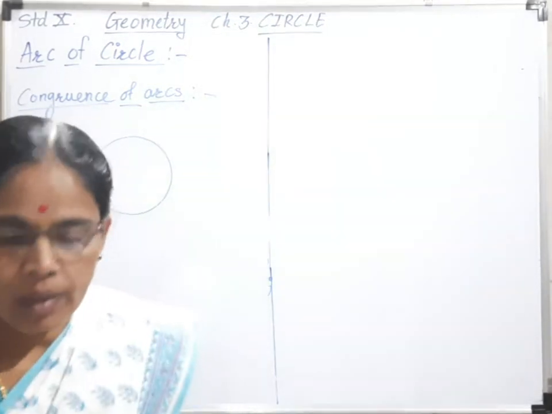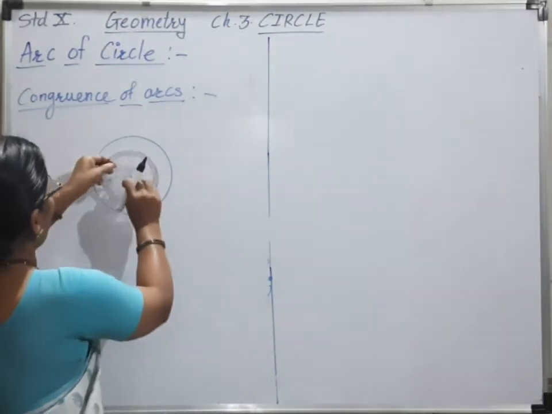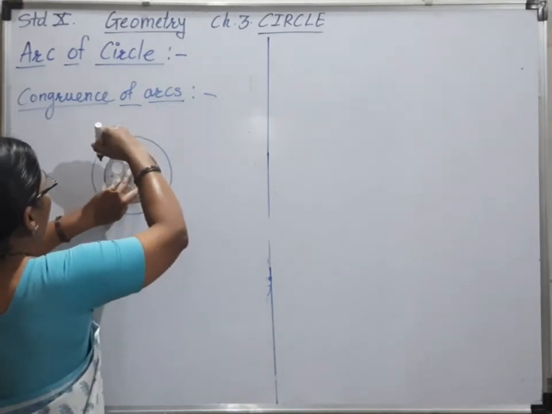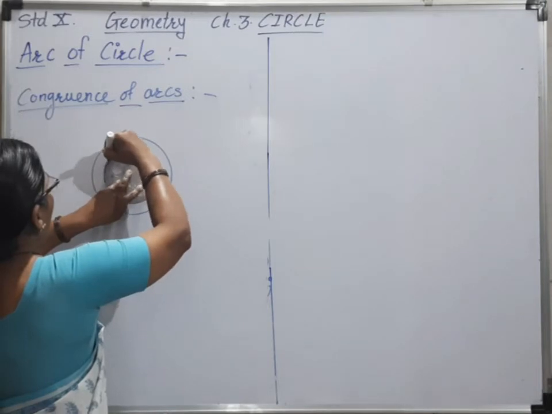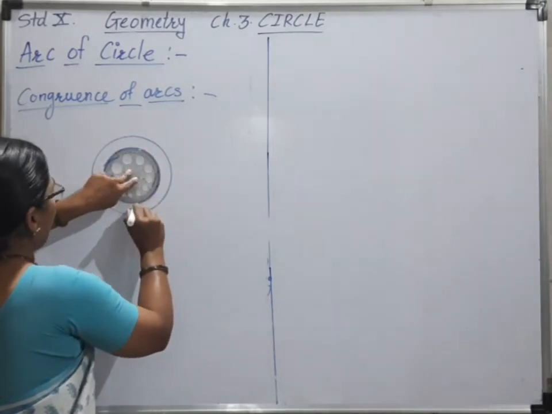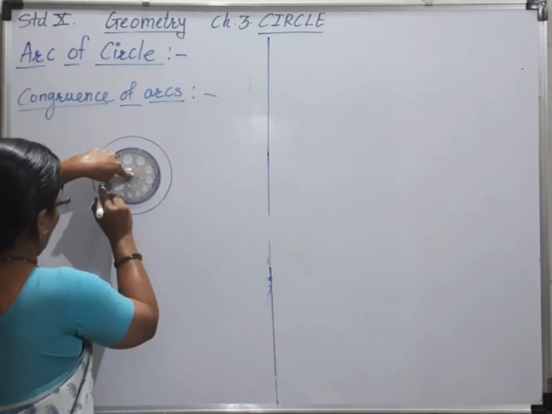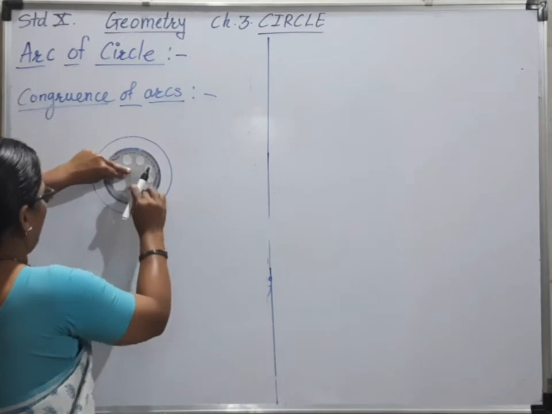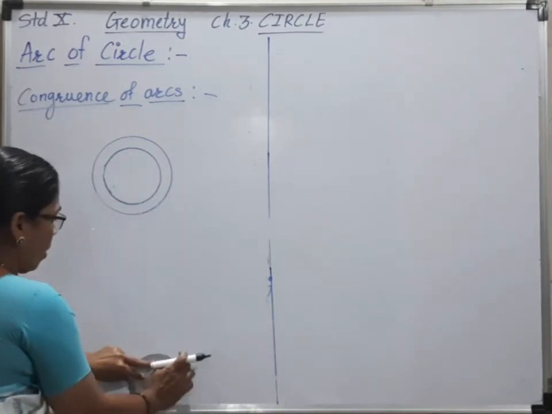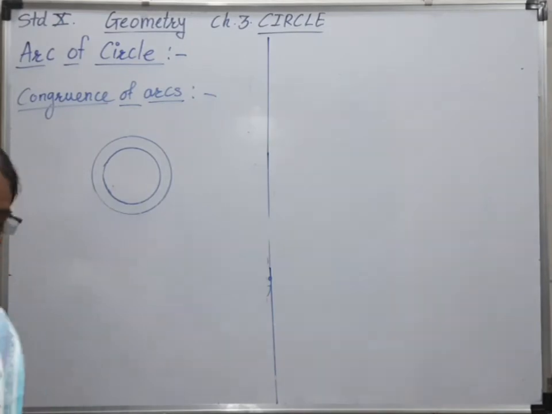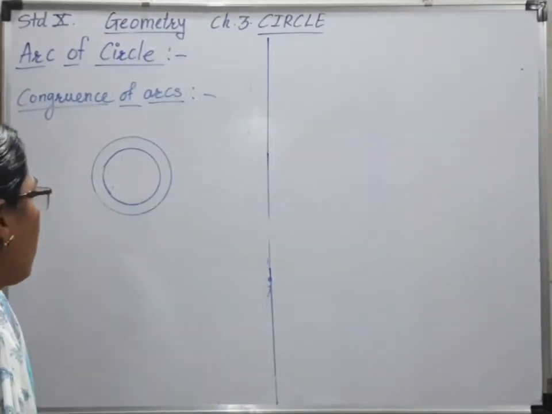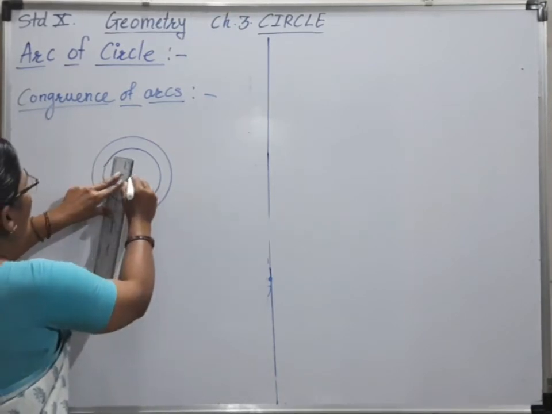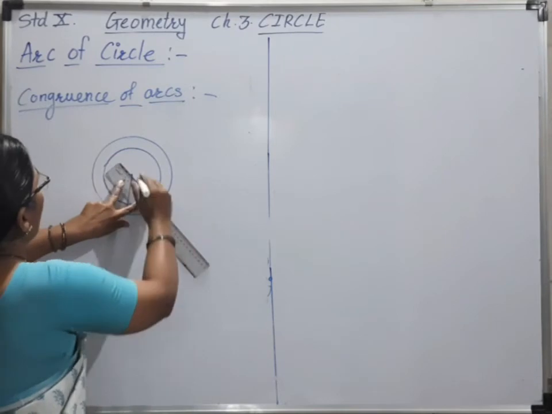This is one circle. I am drawing another circle also. Now, in this figure, if we draw the central angle from here, these are the radii.